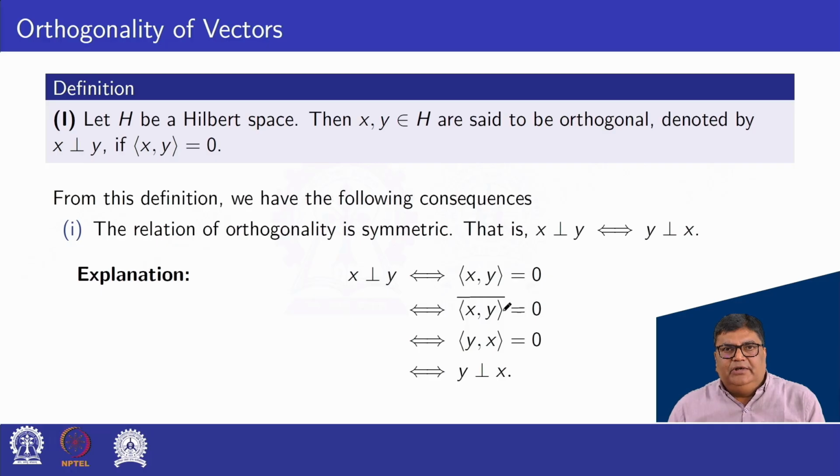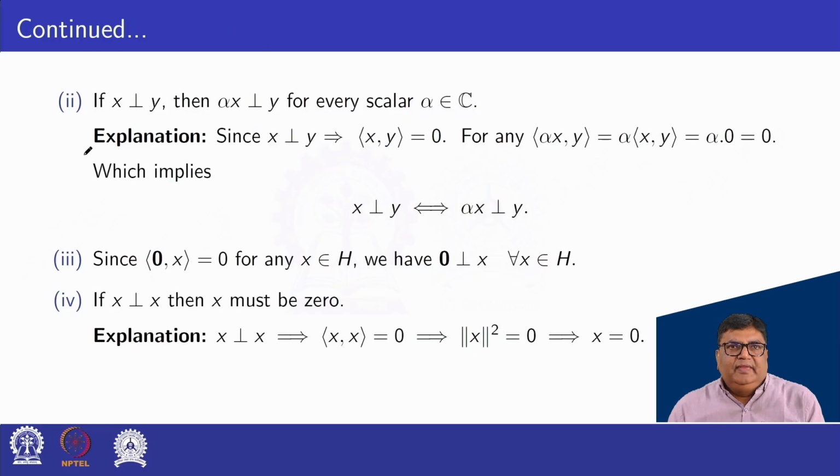Taking the complex conjugate of both sides, the conjugate of the inner product of x, y equals 0, and 0 bar is 0. The complex conjugate of the inner product of x, y is the inner product of y, x. So the inner product of y, x is equal to 0. It means y perpendicular x. So if x perpendicular y, we can say that y perpendicular x.